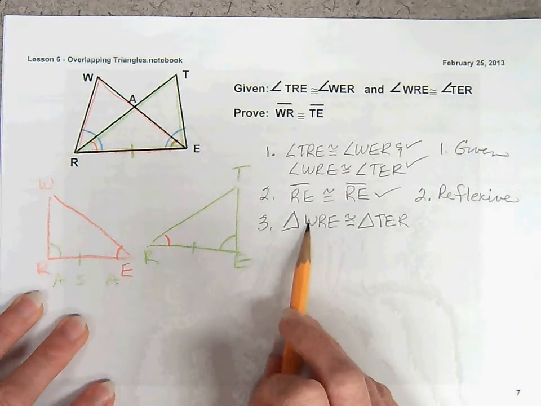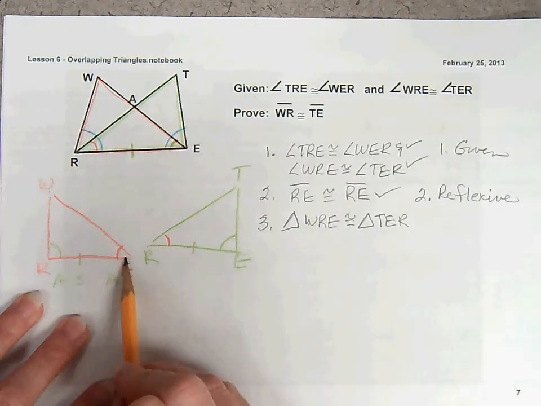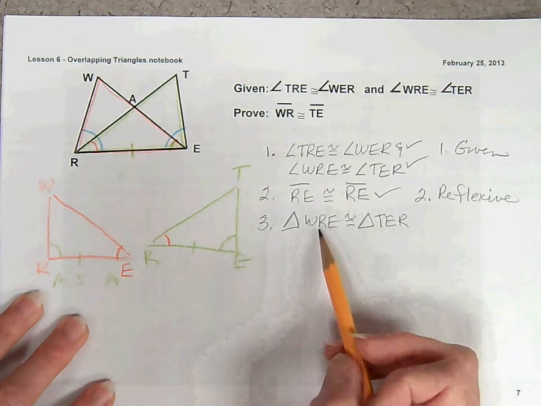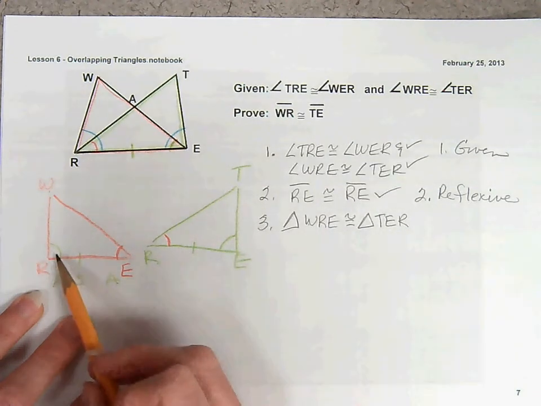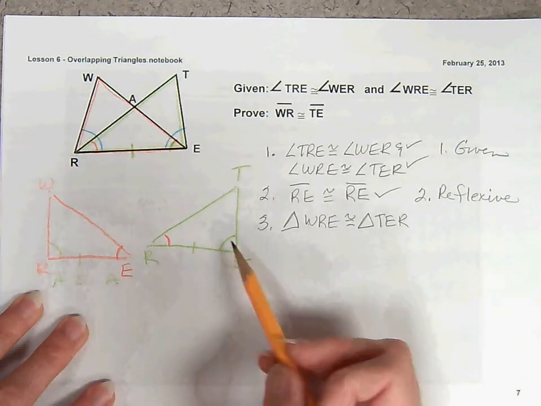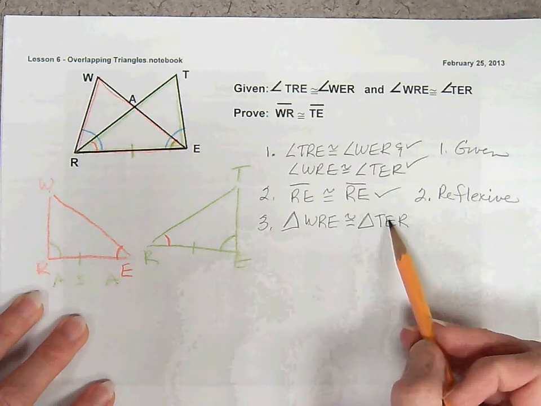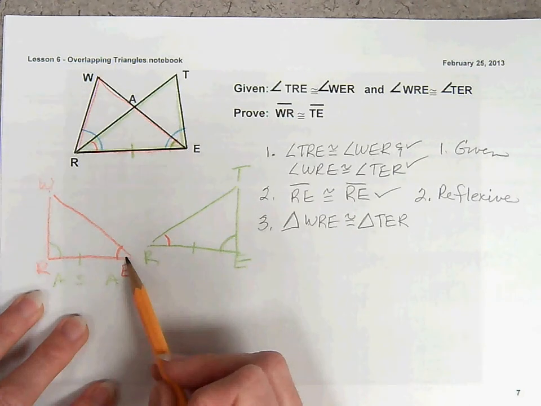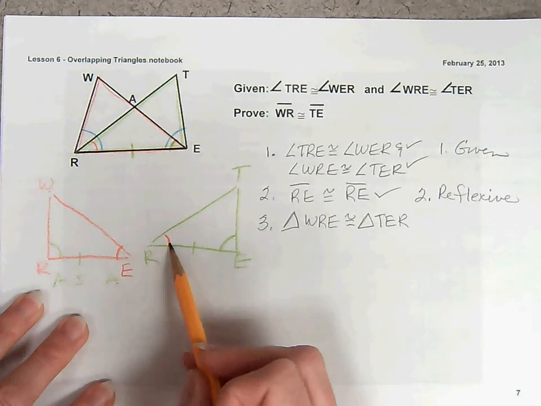Okay, note the order that I put it in, WRE, because angle R is actually this angle here, R, is congruent to this angle E. And our angle E here is congruent to our angle R over here.